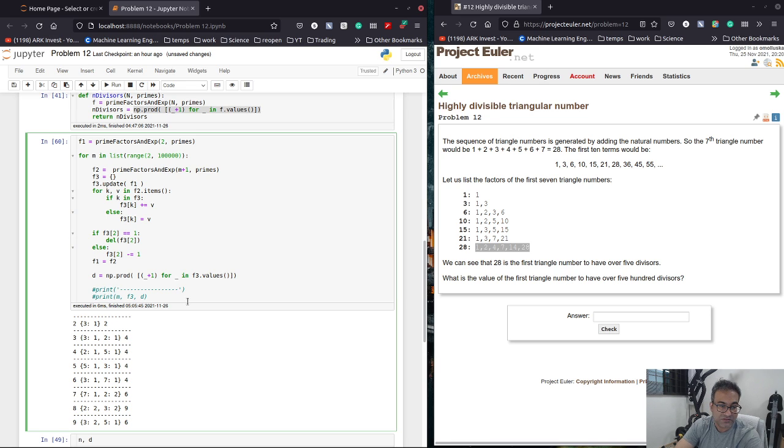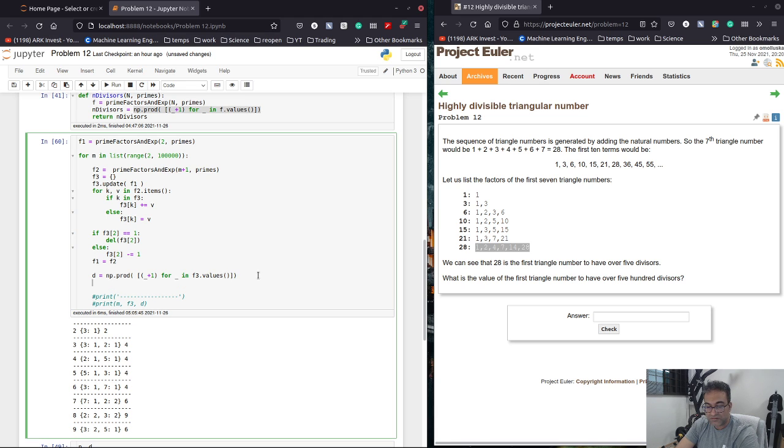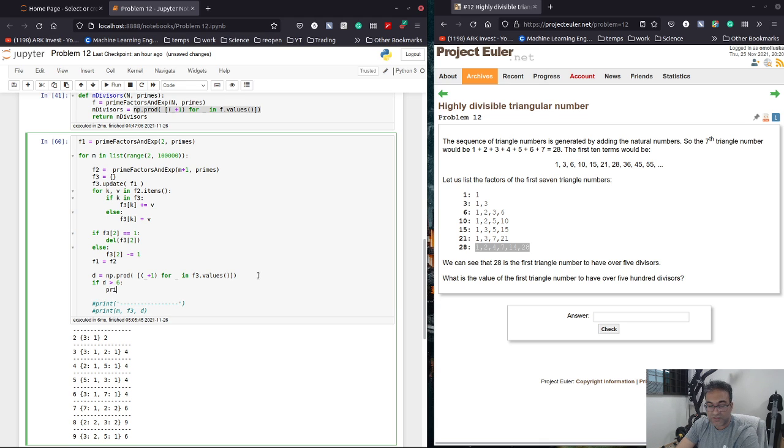And if D is greater than right now 6, okay, print D, but we also want to print M, and we also want to print M into M plus 1 by 2.